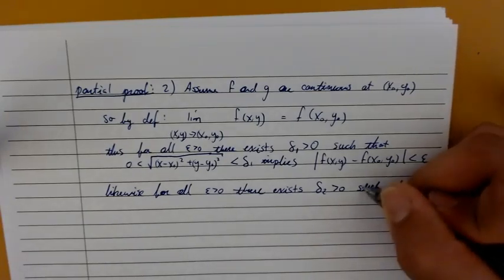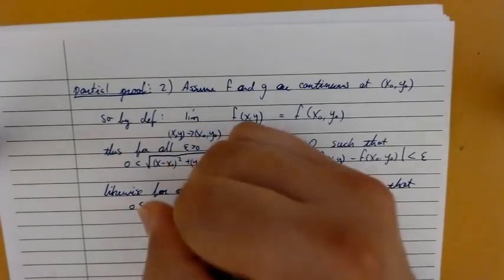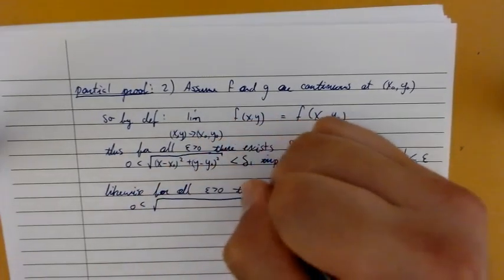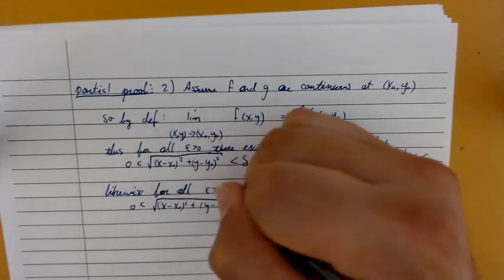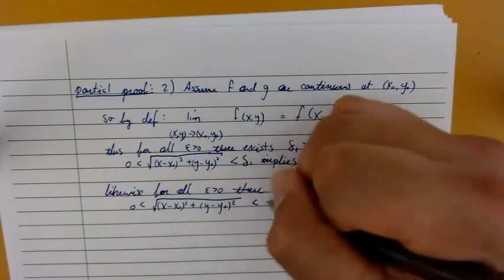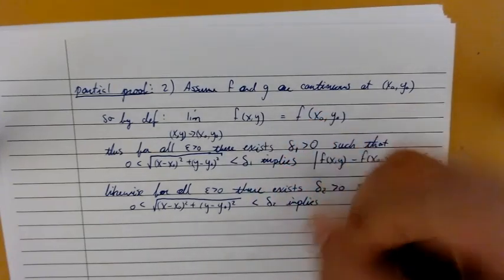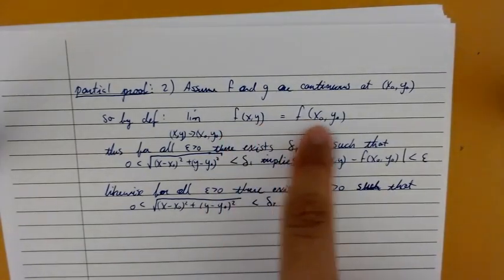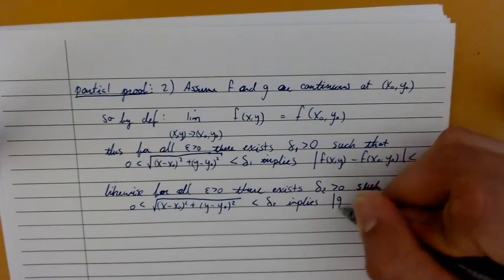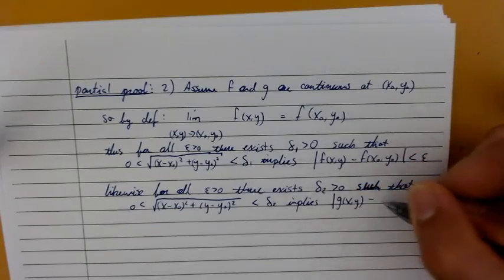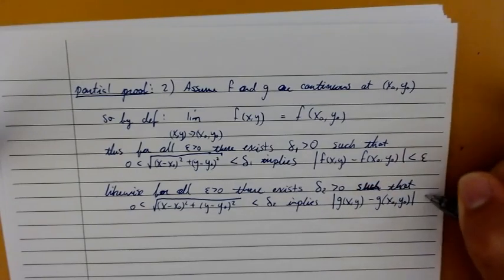Interesting. Such that 0 is less than the square root of x minus x naught squared plus y minus y naught squared is less than delta 2, implies that the limit for g is equal to g with that value plugged in. Or in other words, the absolute value of g of x, y minus g of x naught, y naught is less than epsilon.